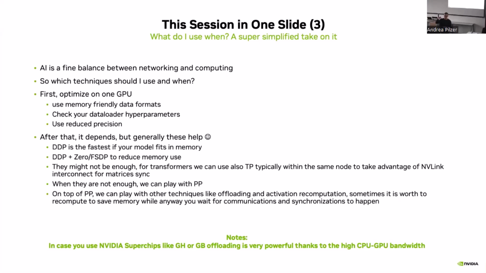If you start from lowest to highest network traffic, you have data parallelism that doesn't need too much communication. Then in the middle, you have pipeline parallelism. It's a lot more, but still okay. And then you have tensor parallelism that has a lot of communication.